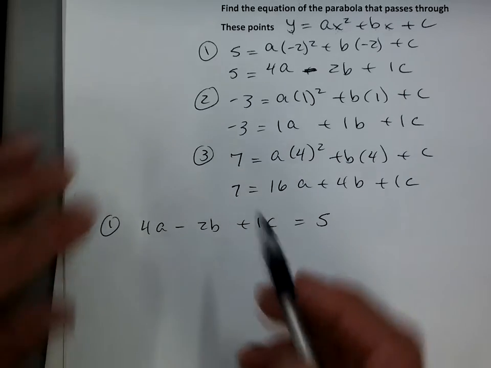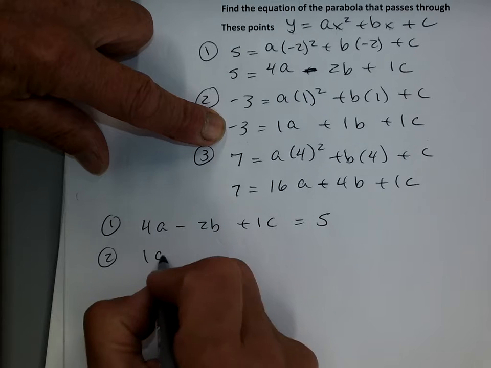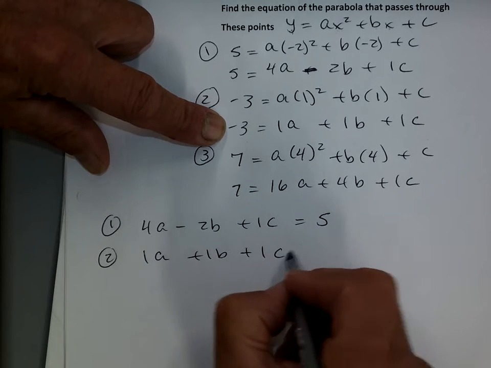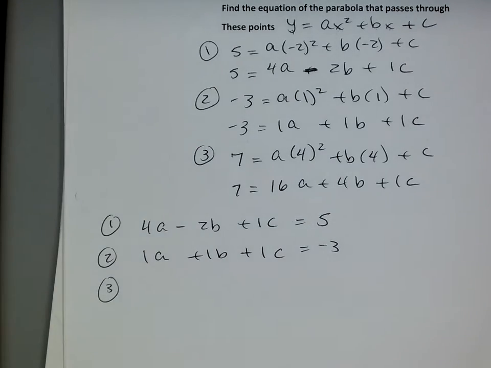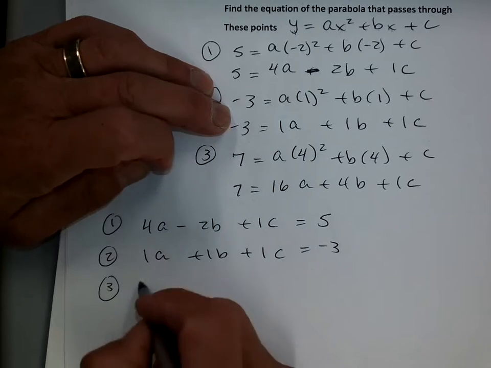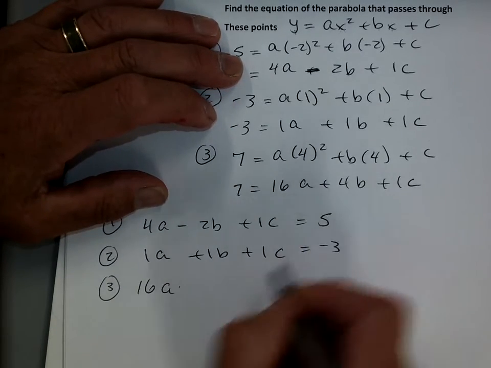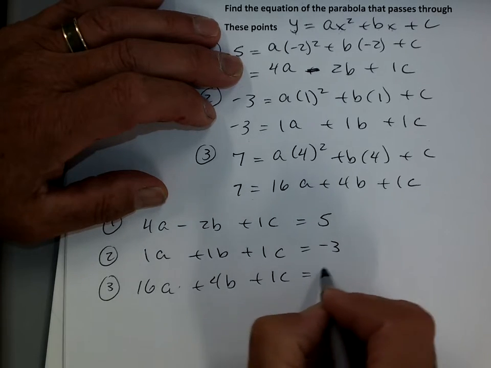I'm going to rewrite equation 2: 1a plus 1b plus 1c equals negative 3. I'm going to rewrite equation 3: 16a plus 4b plus 1c equals 7.